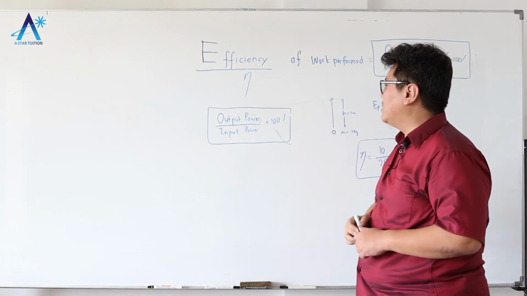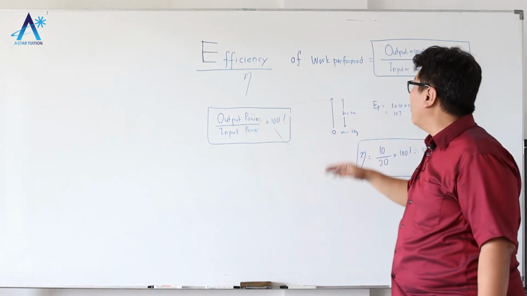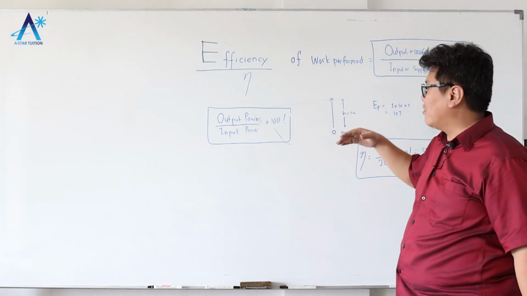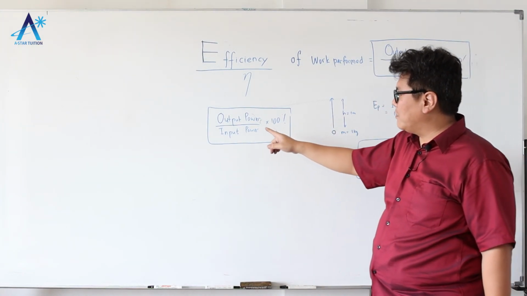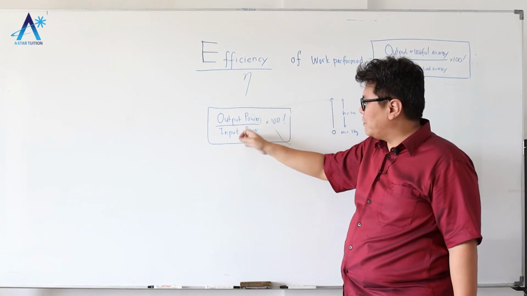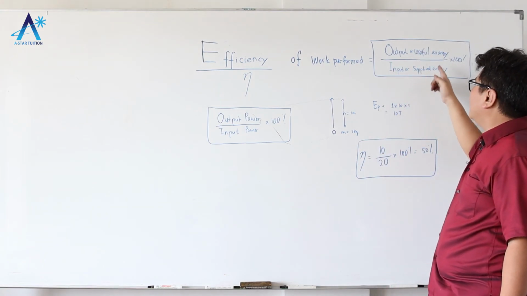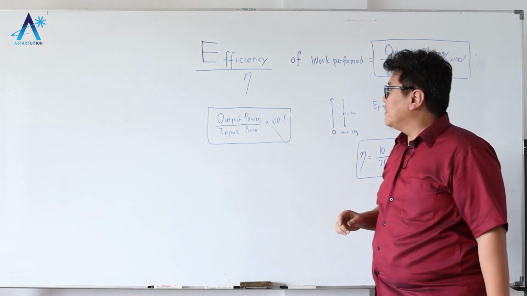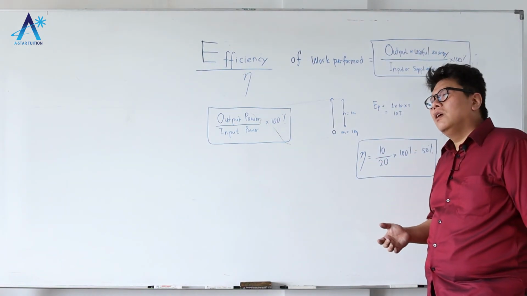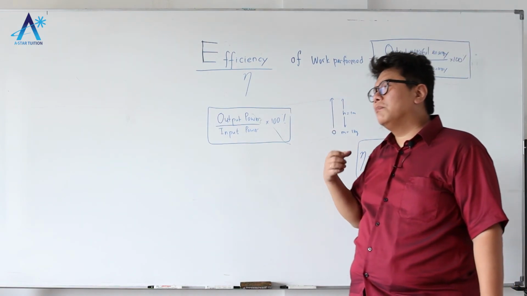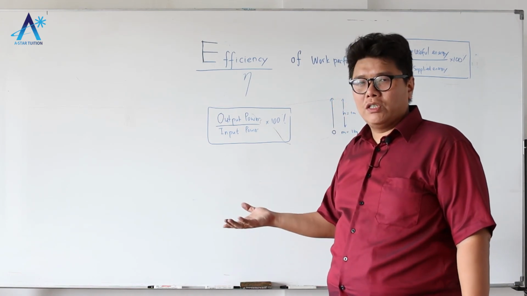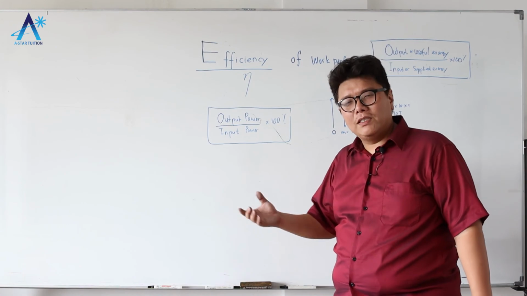As long as you're consistent, don't use output power over input energy, because it's not the correct comparison. You have to use power versus power, or output energy versus input energy. So this is how you define efficiency, and efficiency basically tells you how much of the energy or the power given to a system will actually be used for the performance of the system.